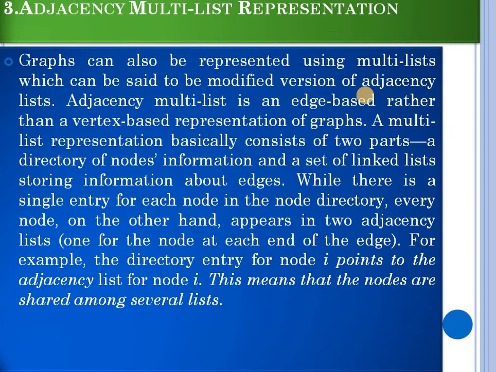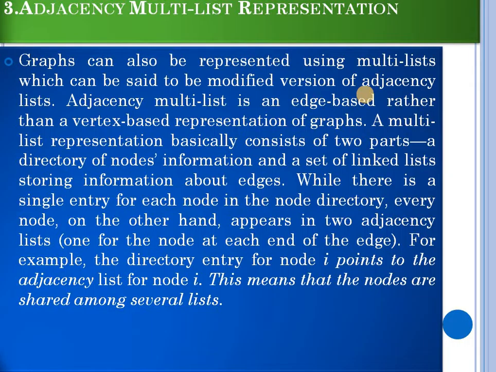Adjacency multi-list is edge-based rather than vertex-based. A multi-list representation basically consists of two parts. First is a directory of node information, and second is a set of linked lists storing the information of edges.